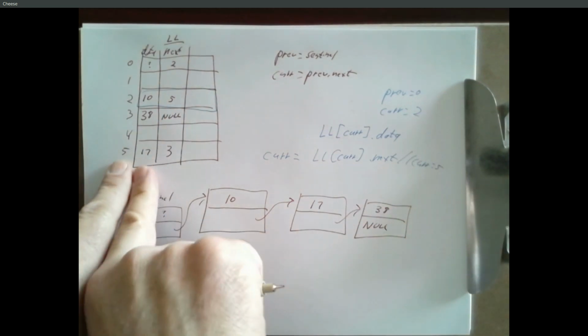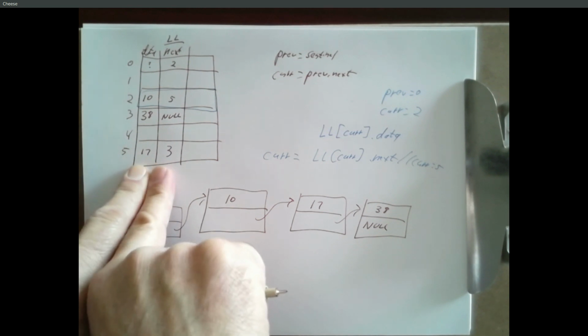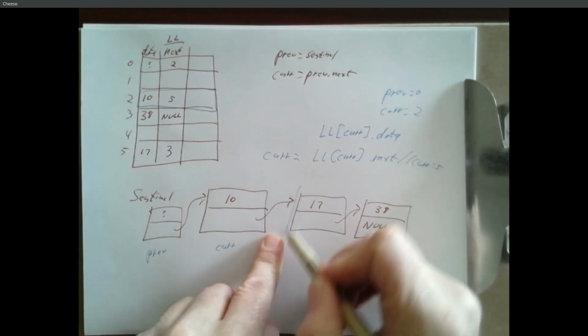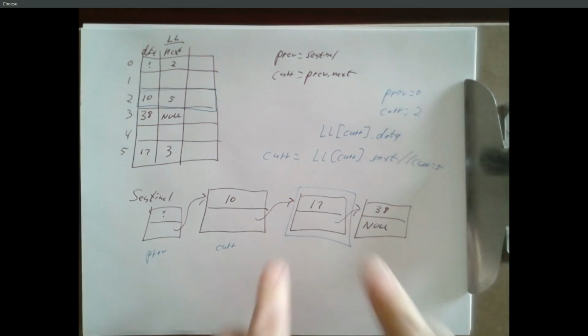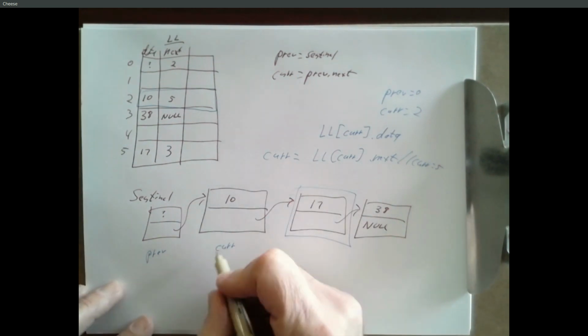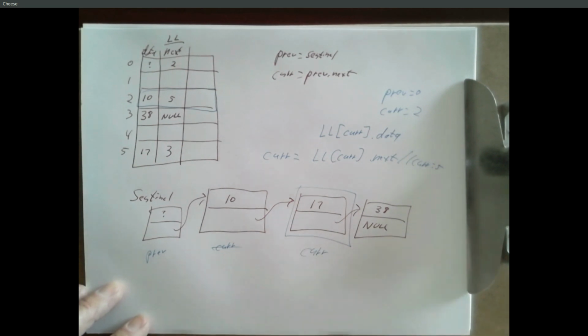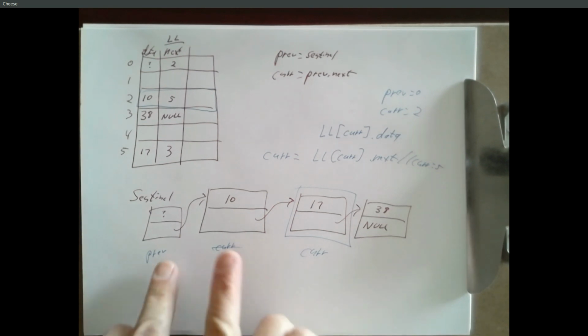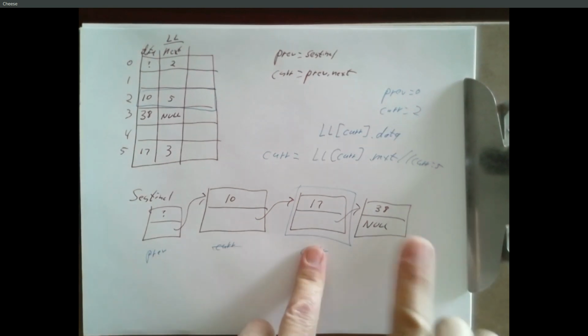Well, what is 5? It's the index of the node containing a 17. That's this node right here. So the effect of this at an abstract level is it sets current to the next node. Okay, so that's the essence of moving down the list. And we do the same thing with previous, so that's how we have previous, current, previous, current, previous, current.